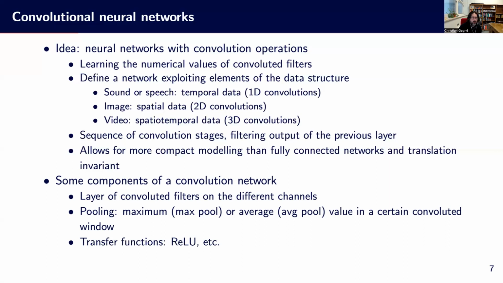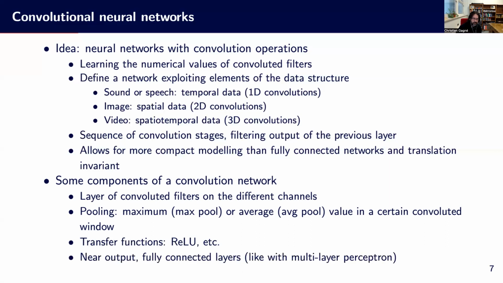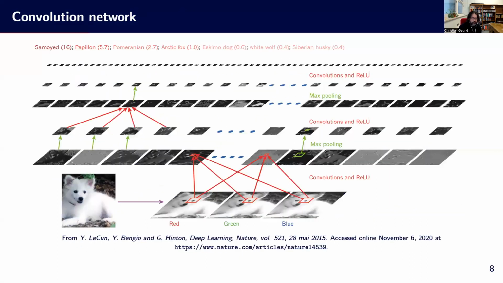ReLU is commonly used, but we can use other options. And we can also combine this with fully connected layers, which are basically the layers of an MLP toward the end, using whatever transfer function is relevant there. So basically the end is pretty much like a multi-layer perceptron for making a classification decision, for example.